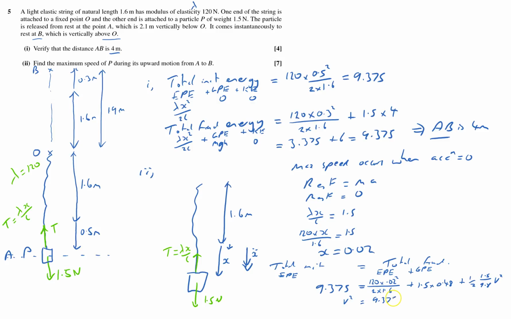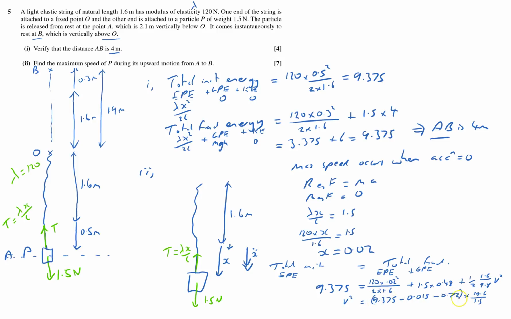If I work this out, then I get v squared equals 9.375, take away the elastic potential energy when it's stretched down by 2 centimeters, which is minus 0.015. And I've got to also take away this bit here, which is 0.72, and that will be what v squared is, but then I need to multiply by 19.6 and divide by 1.5.